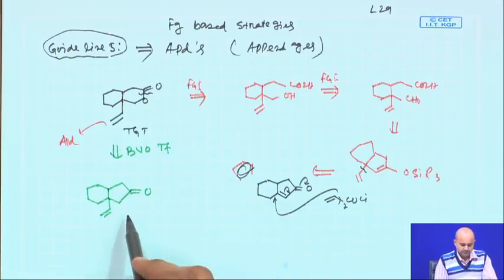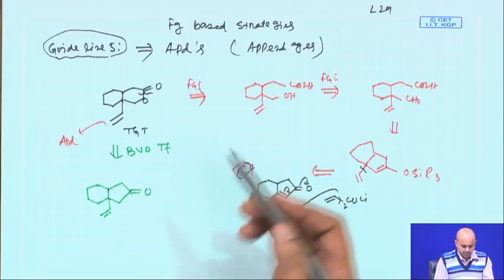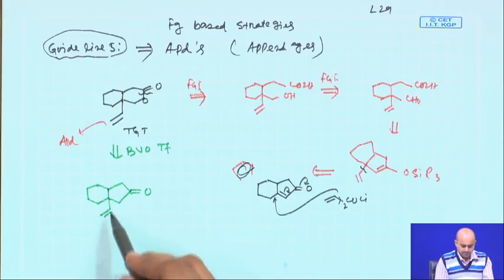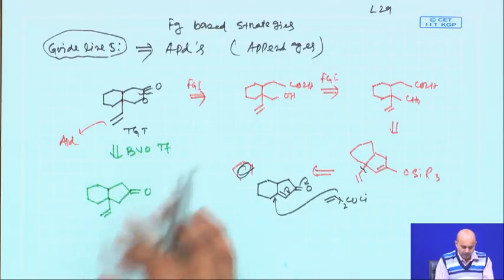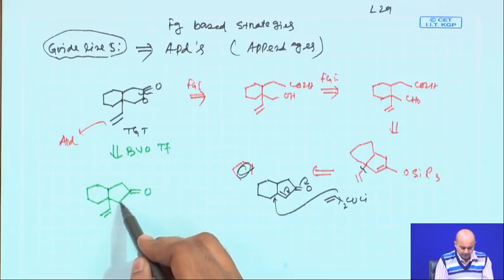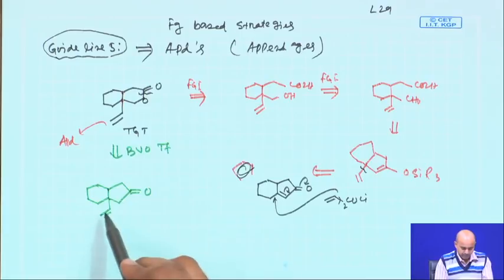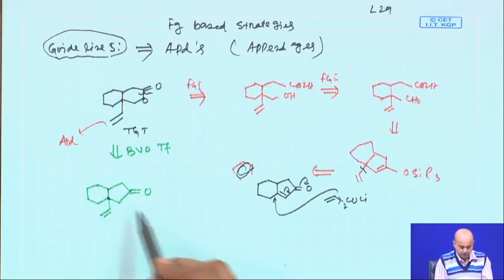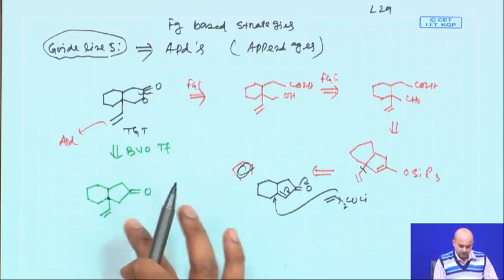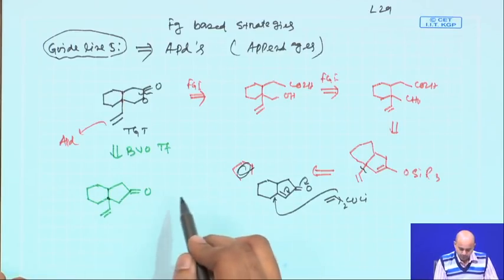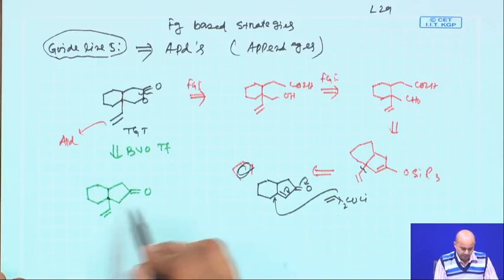A Baeyer-Villiger reaction in principle can give you 2 lactone products. If this bond migrates, it gives you this. If this bond migrates, it will give you this other lactone. But this bond migrates because it is more substituted. So, Baeyer-Villiger oxidation is also a good way to introduce these things.